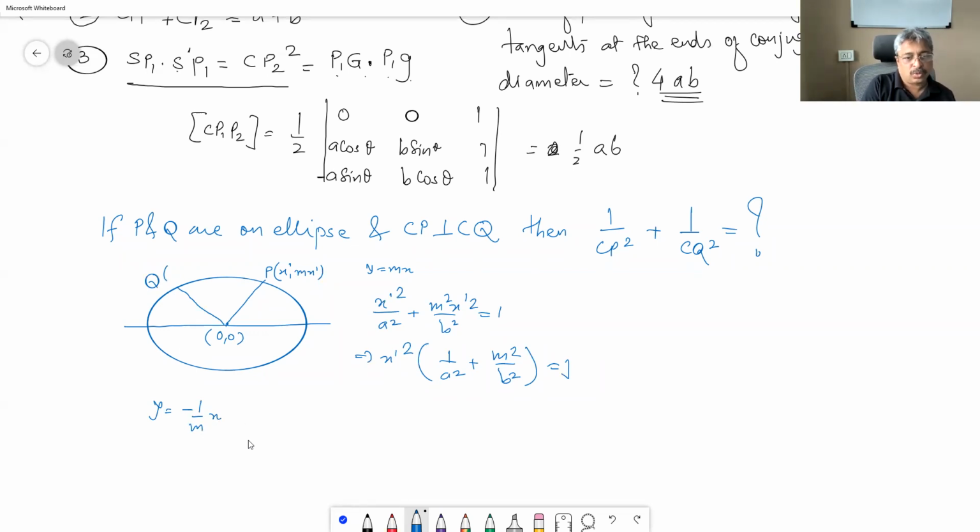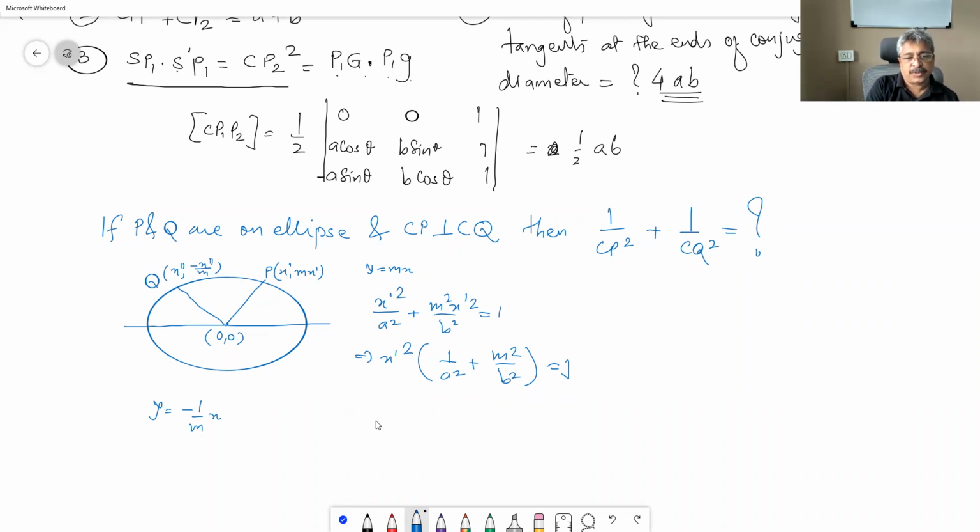So for point Q, I assume one point here, x double dash comma minus x double dash upon m.